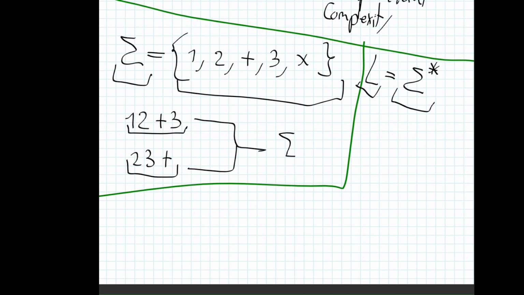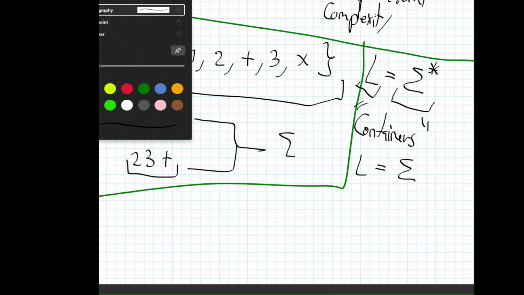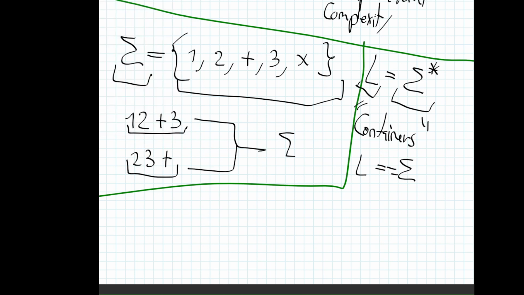Both L and sigma act as, let's say, containers. They're not expressions that you can evaluate to be equal to one another, because they don't represent the same entity. L represents a copy of sigma. It does not represent sigma.